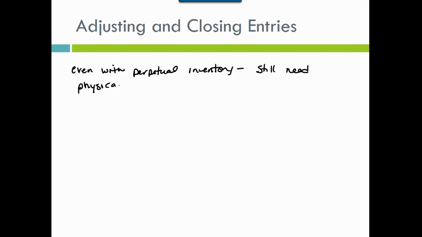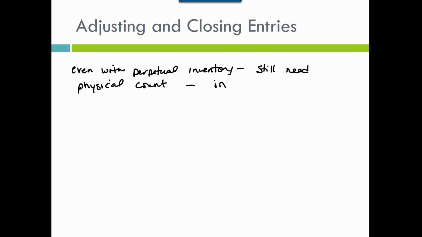And if you've ever worked in retail, you probably know exactly what we're talking about here, because you use a perpetual inventory system. You scan the stuff in, you keep a running total of what you have in terms of inventory, but once a year you probably still have to do a physical inventory count.